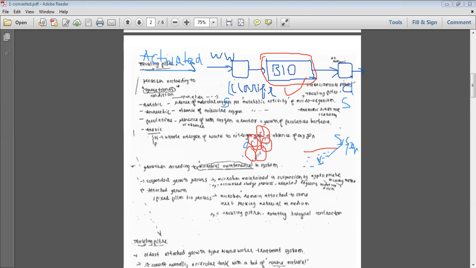This is the process to design the biological treatment. Here it is attached: think of stones, where microbes grow above them. But here it is simply river; you see no stones. The microbes are below, in suspension. Here also microbes can survive.